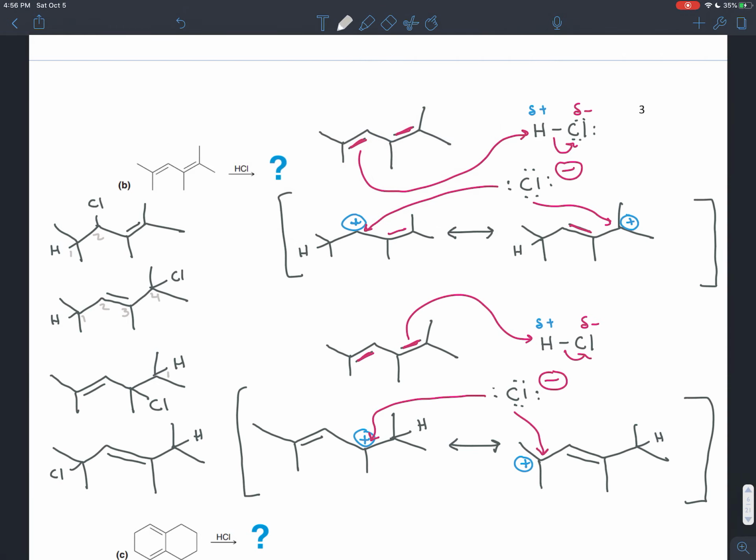And if you wanted to classify them, if you added the hydrogen and the chlorine next door, that's the 1,2 product. And if you add the hydrogen and the chlorine 1 and 4 away, that's the 1,4 product.